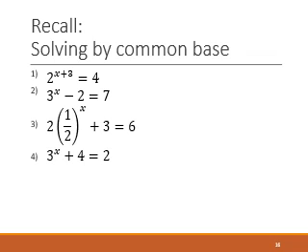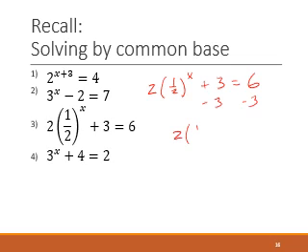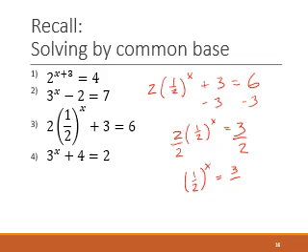This was a problem that we said couldn't be done by common bases. So if you take this problem and think about the order of operations, the first thing you should do is move the 3. The next thing is divide by 2. And now you're ready to use a logarithm.